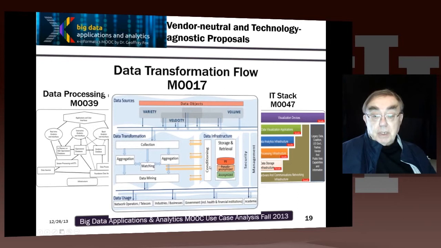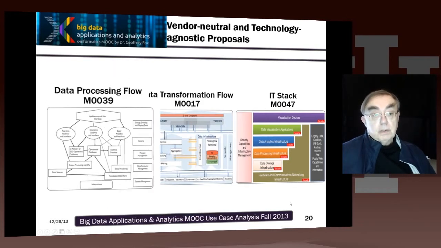And the final storage. Security, again, is cross-cutting. And here we have the different users of the data here, and the data starts off at the top. And it has these three V's across here: variety, velocity, and volume.